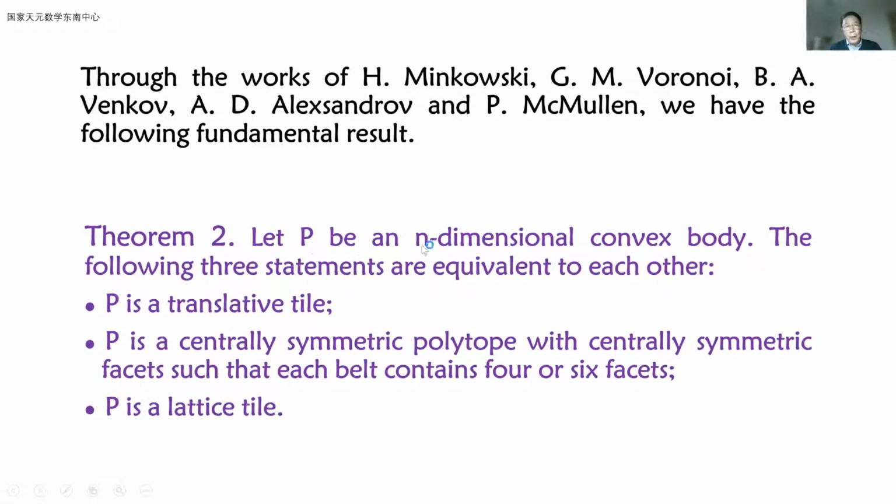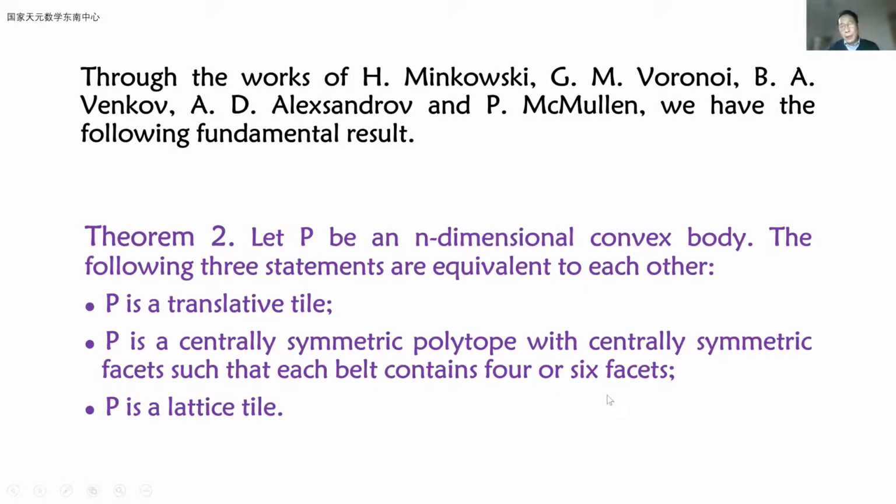Let P be an n-dimensional convex polytope. A convex body tiling, in fact, is a convex polytope. The following three statements are equivalent to each other. First, P is a translative tile. Second, P is a centrosymmetric polytope with centrosymmetric facets such that each belt contains 4 or 6 facets, and not more.